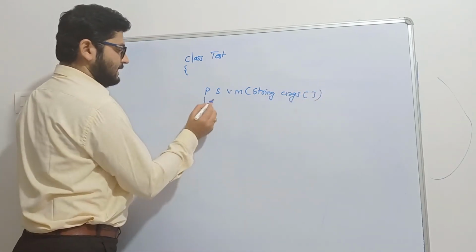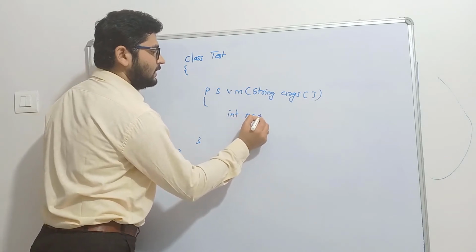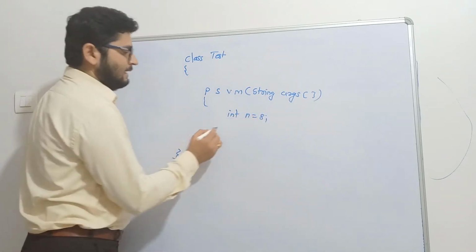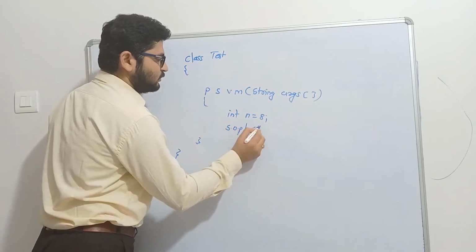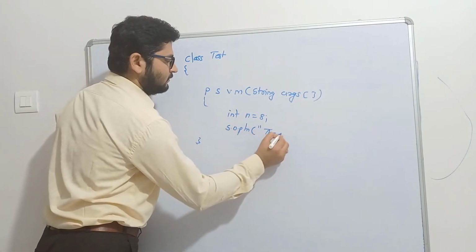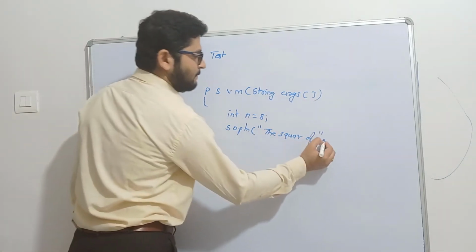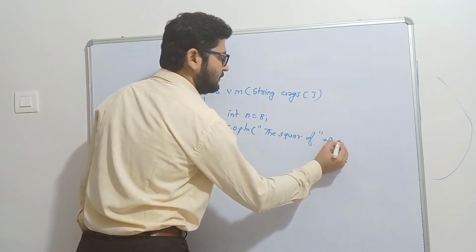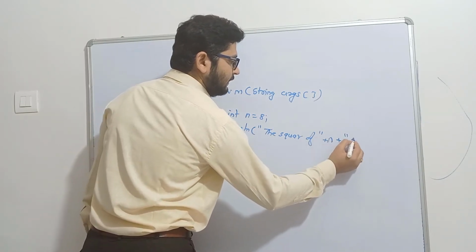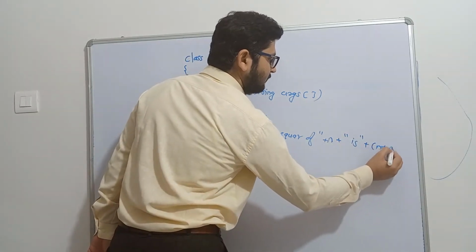Here let us suppose I have one integer variable, n equal to 8, and I am just printing its square with System.out.println: the square of n is n into n.